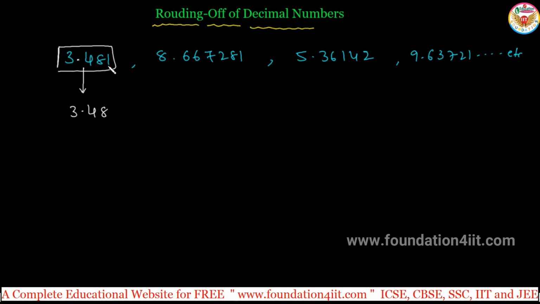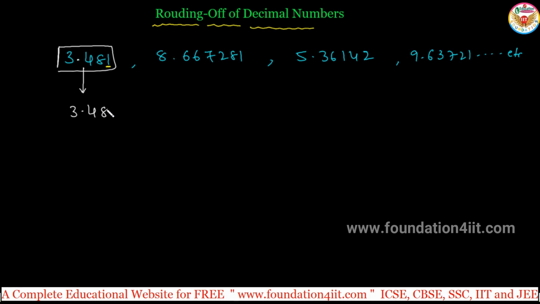So see the third digit. If you want to correct to two decimal places, the third decimal place is 5 or more than 5, then the digit in the second place should be increased by 1. If the digit in the third place is less than 5, we will not change anything. Okay, now third place is 1. This is less than 5.